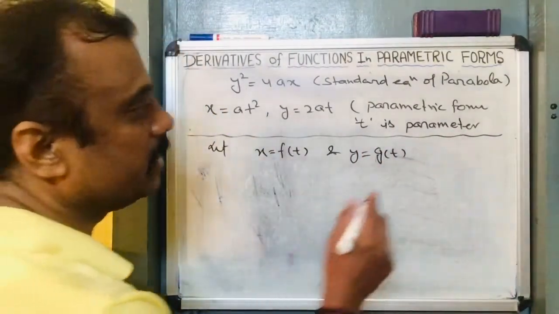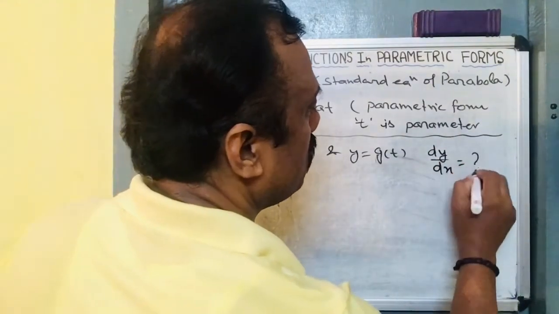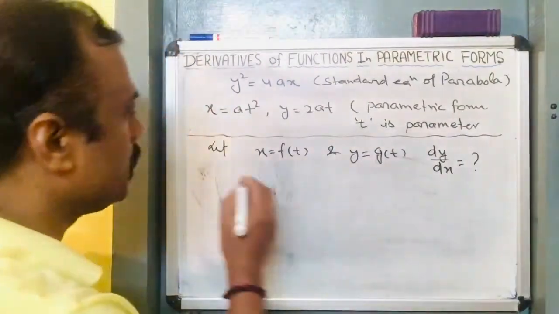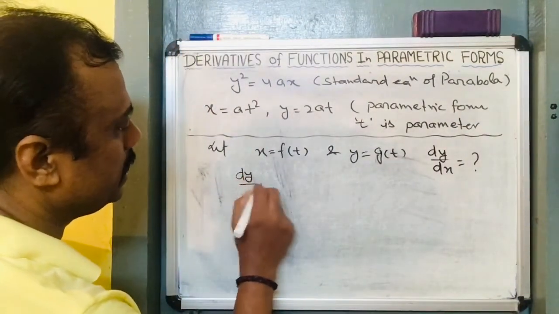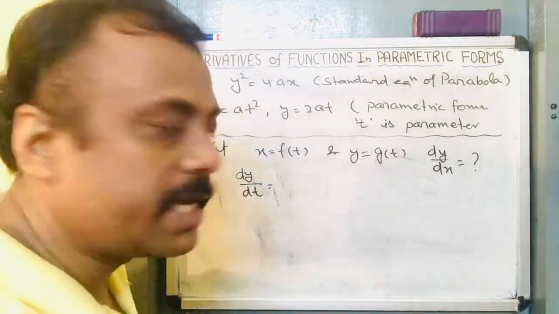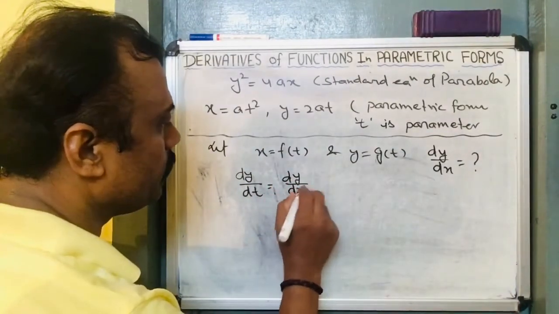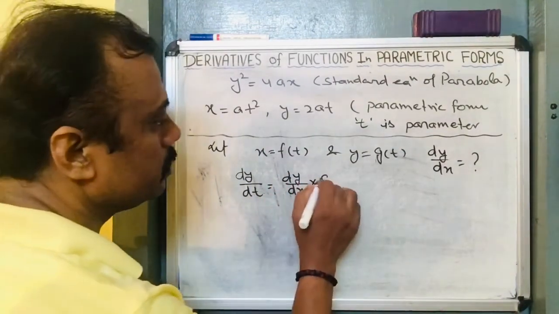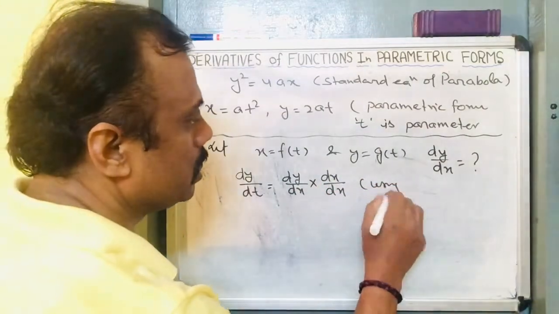So to find dy/dx, let us consider dy/dt. Now using the chain rule, I can write dy/dx into dx/dt, using the chain rule.